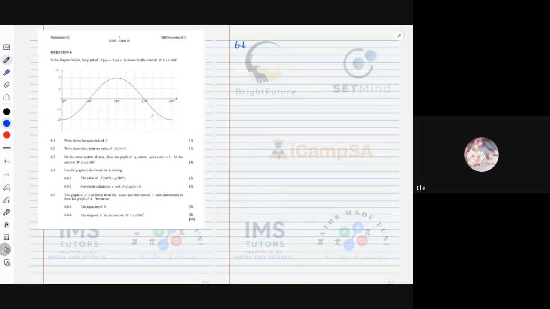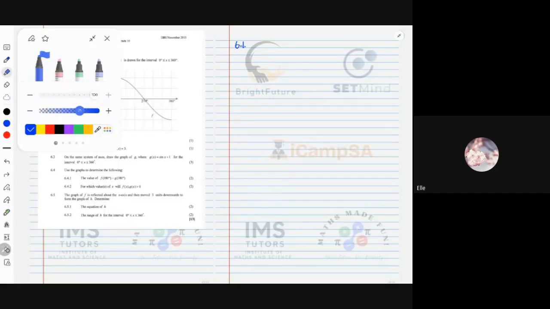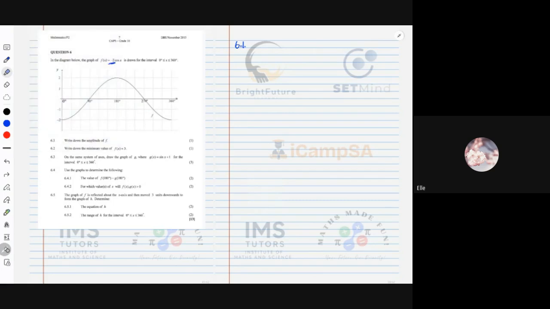6.1. Write down the amplitude of f. With the amplitude of f, remember we said it was this coefficient, but it simply represents the distance from the center line. And this is not always the x-axis, guys.